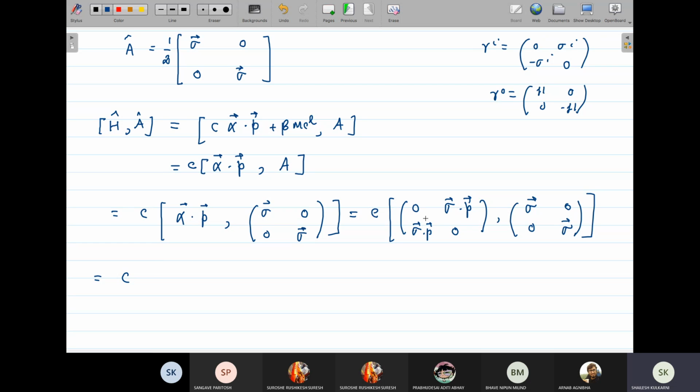the commutator. Since it is in block form, what will be the commutator of this matrix with this matrix? It will be a matrix with 0, the commutator of sigma dot p with sigma, the commutator of sigma dot p with sigma, and 0. Agree?